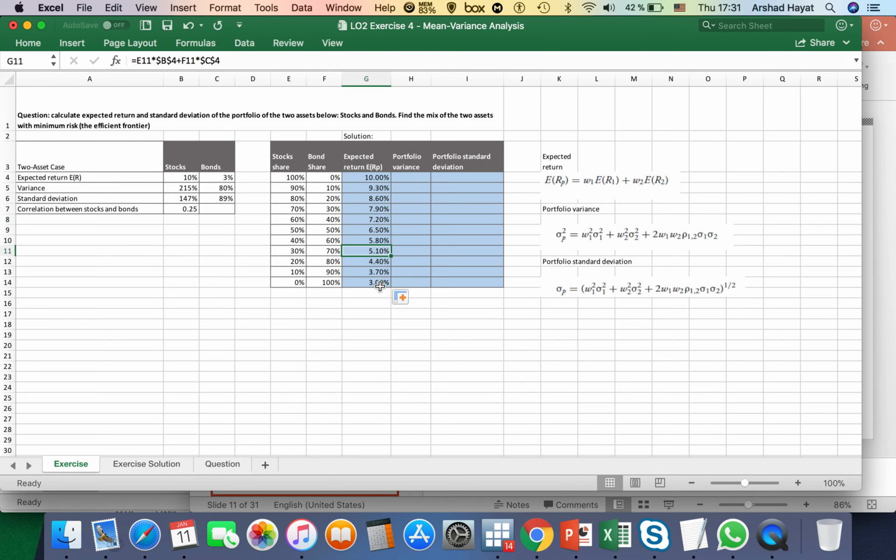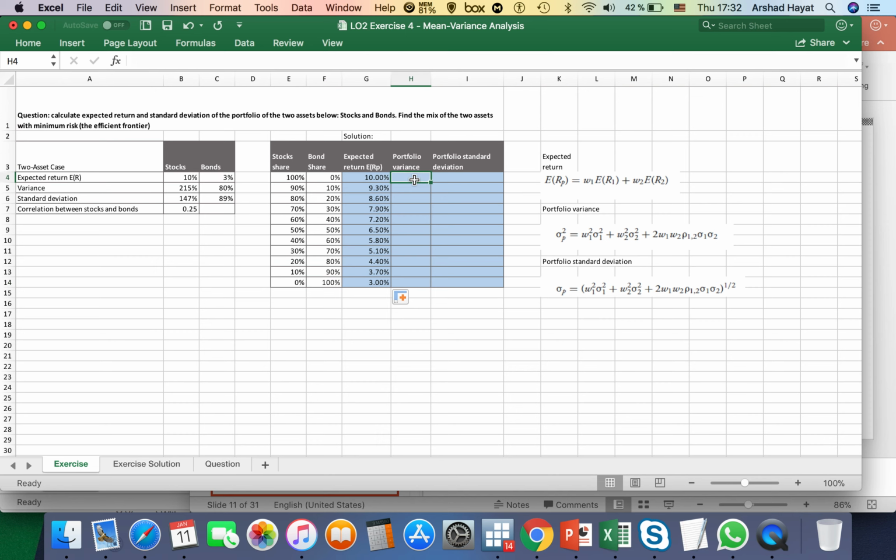The expected return for the portfolio of 0% stocks and 100% bonds is 3%. That is obvious because the whole portfolio contains only bonds, so the return is the return on bonds, which is 3%.